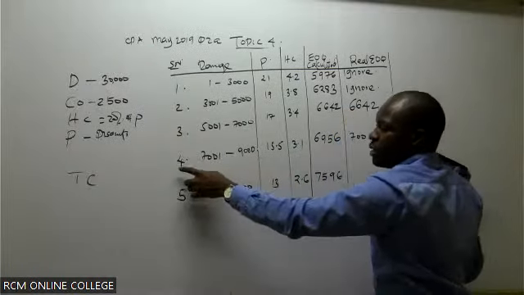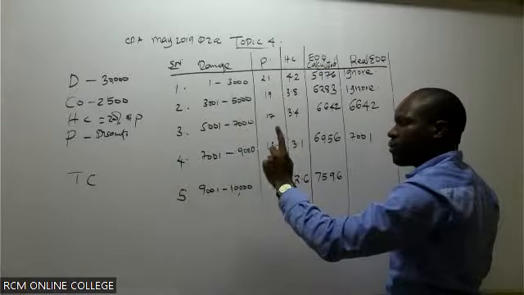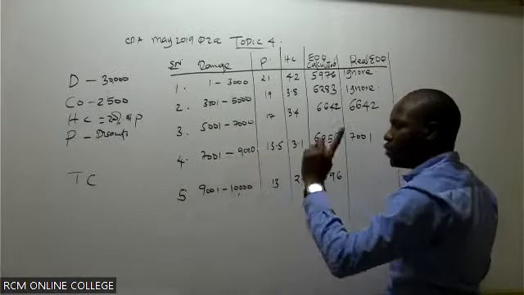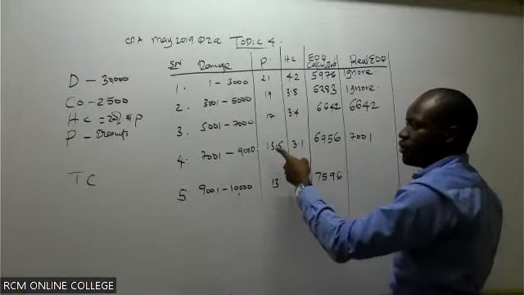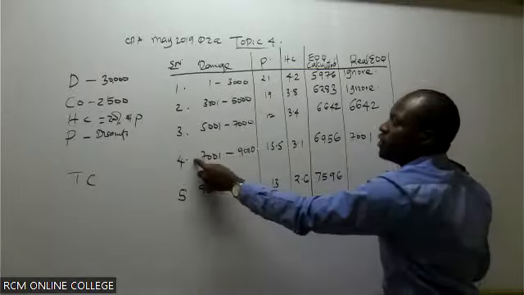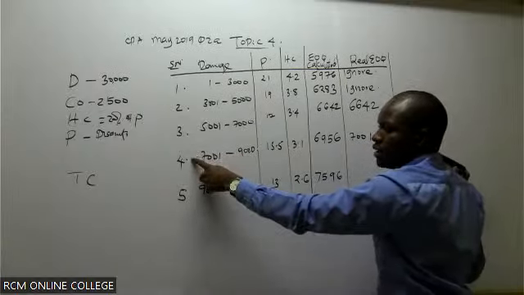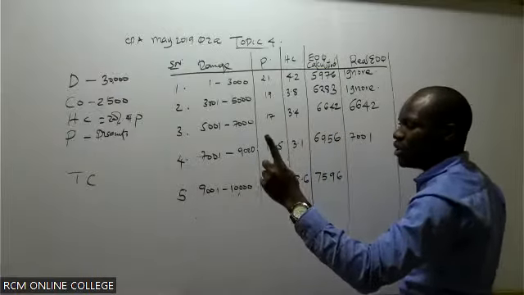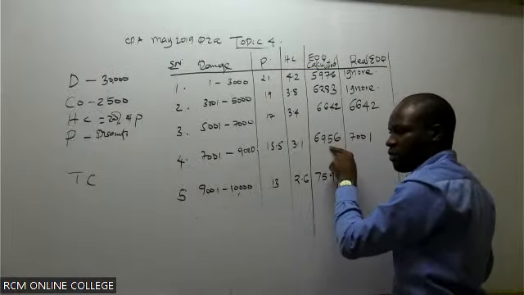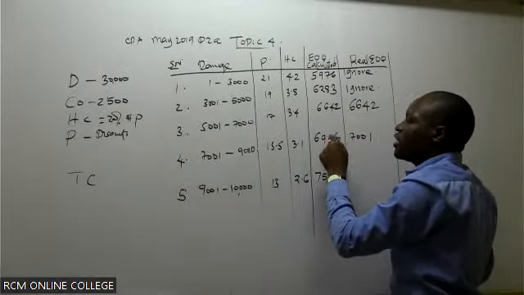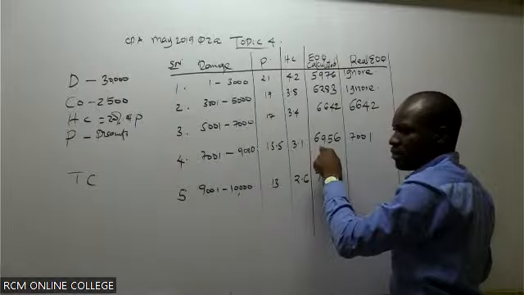When I come to range number 4, you must order at least 7,001 to 9,000 for you to be able to get a discount to 15.5. My economic order quantity is below this range. So what am I going to do? The rule allows me to order above this. You can order this, you can order above this, but you cannot order below this.